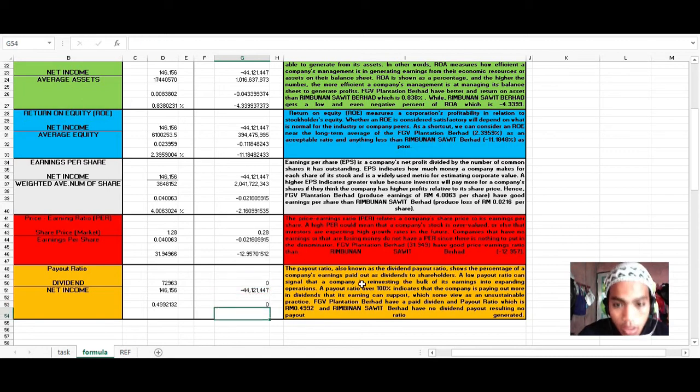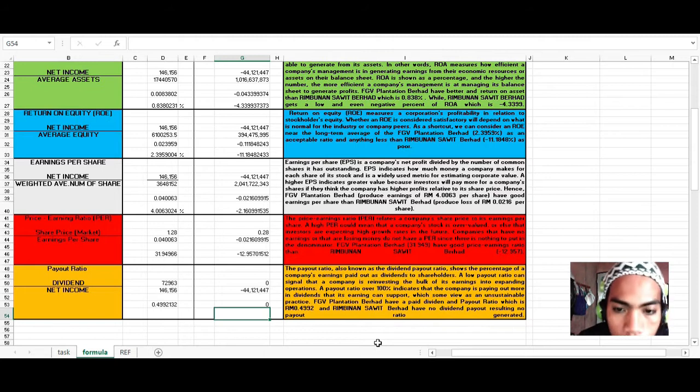The payout ratio, also known as the dividend payout ratio, shows the percentage of a company's earnings paid out as dividends to shareholders. A low payout ratio can signal that a company is reinvesting the bulk of its earnings into expanding operations.